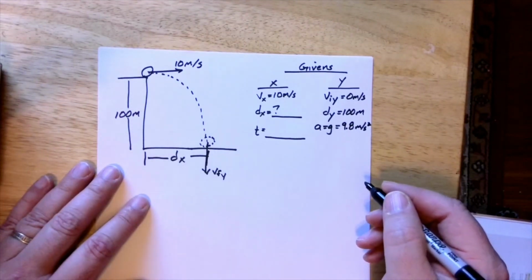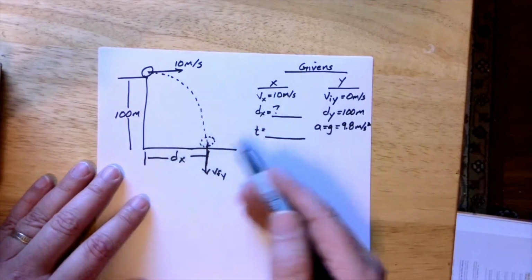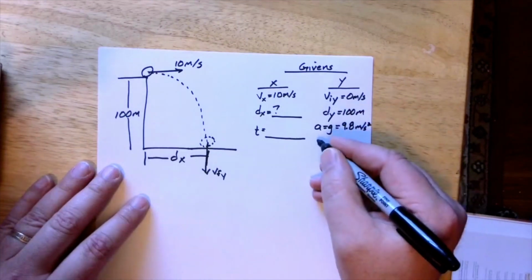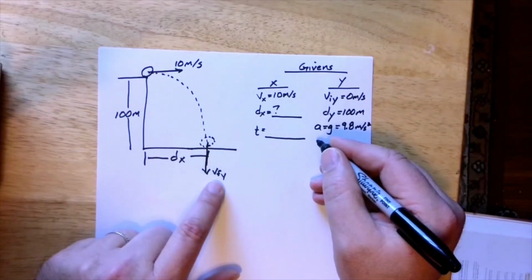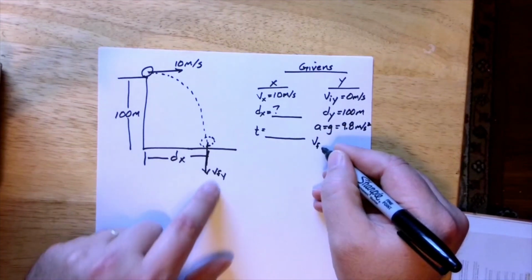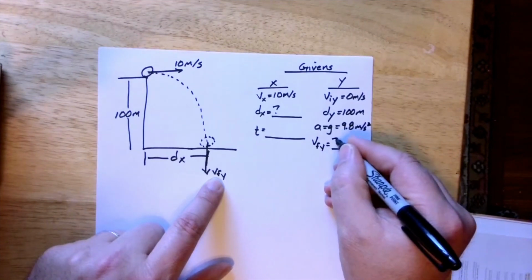Okay, is there anything else? Well, when you don't know, basically just solve for everything. So we know the initial velocity. The one thing we do have to solve for is the final velocity, which is acting in the y direction, which is unknown.